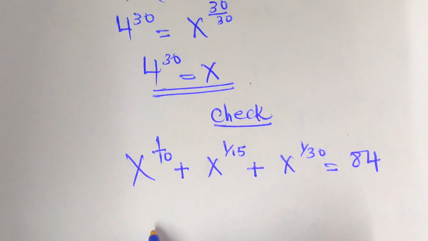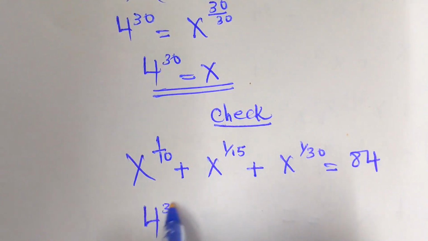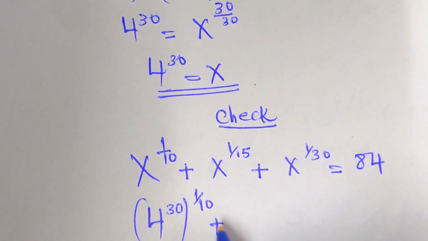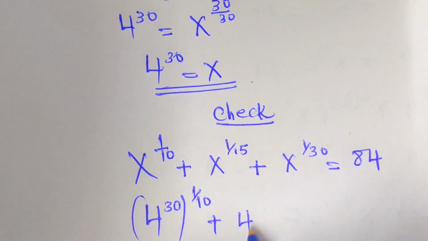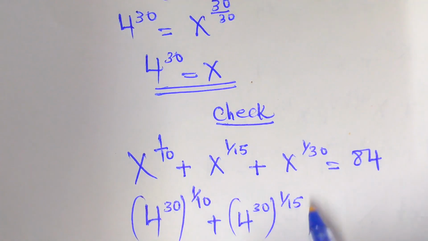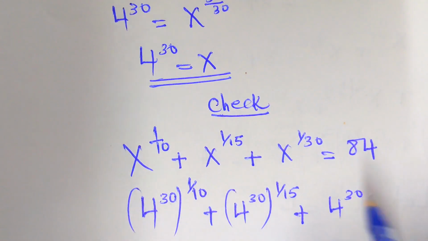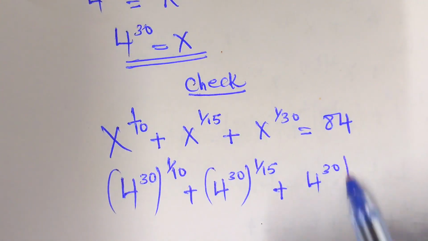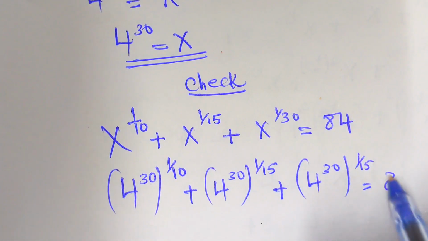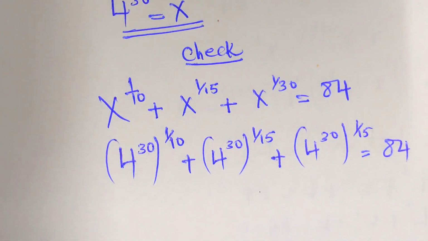Here x is equal to 4^30, so (4^30)^(1/10) + (4^30)^(1/15) + (4^30)^(1/30) = 84.